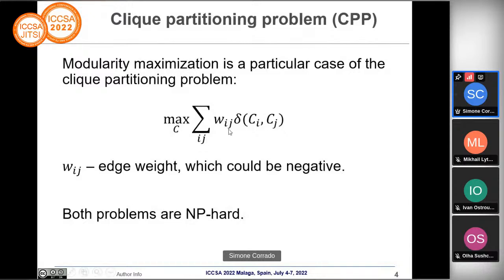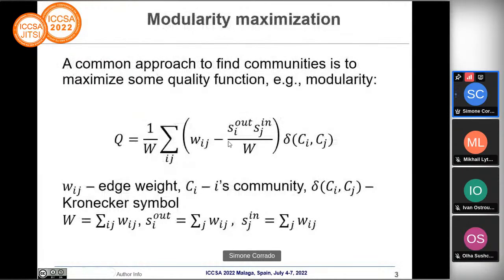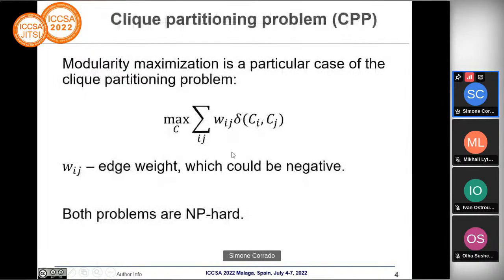Basically, that could be viewed as the same formula if we replace the weights by assigning a new weight to each pair of nodes with the modularity score. Both problems were shown to be NP-hard, so that becomes a quite challenging discrete optimization problem.